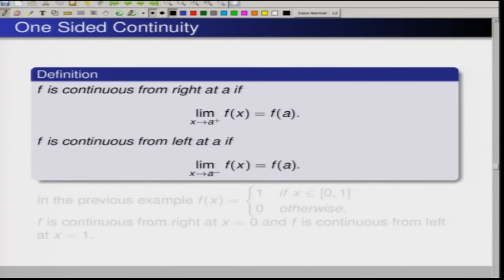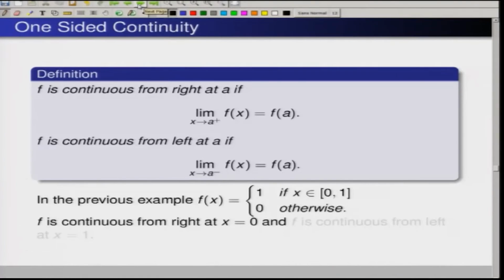We will say that f is continuous from the left at a if you approach from the left hand side and the left hand limit is equal to f of a, and f is continuous from the right if you take the right hand limit of f of x as x goes to a plus, and that is equal to f of a.